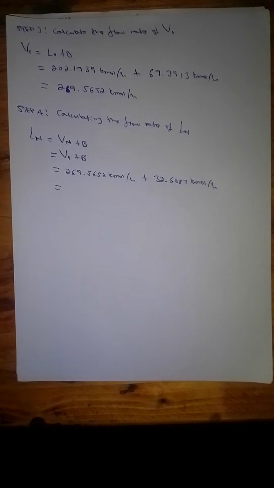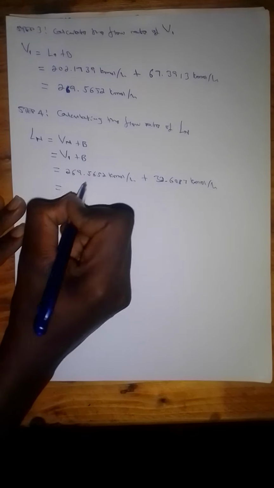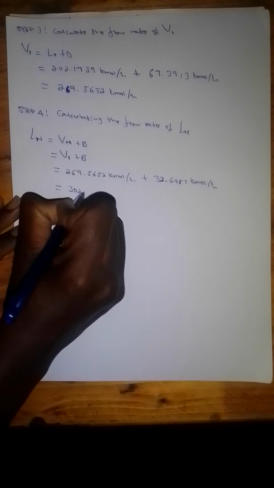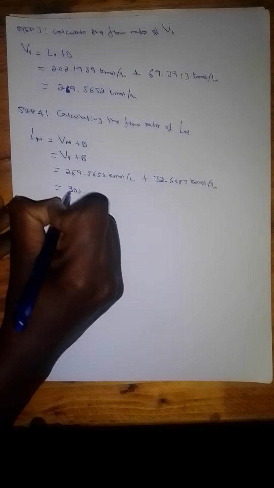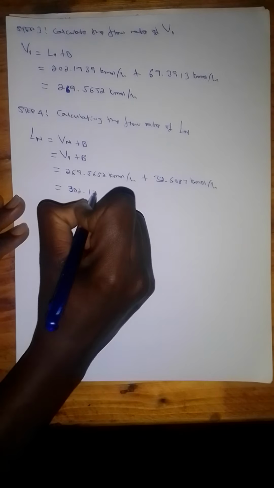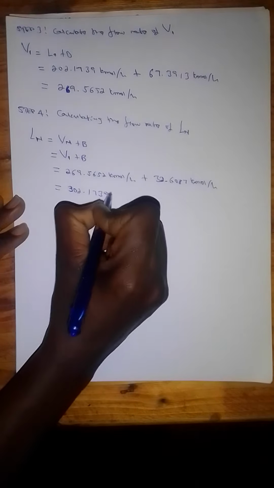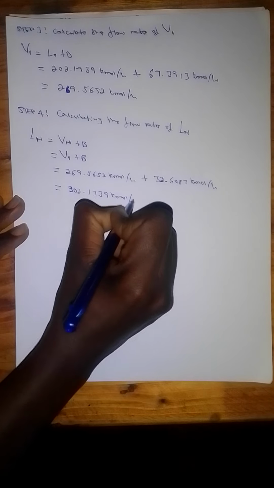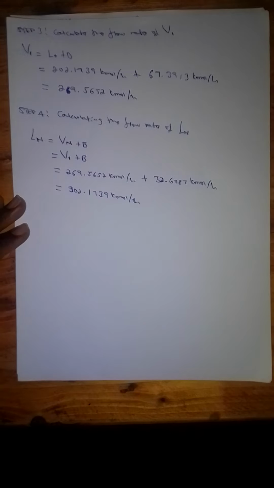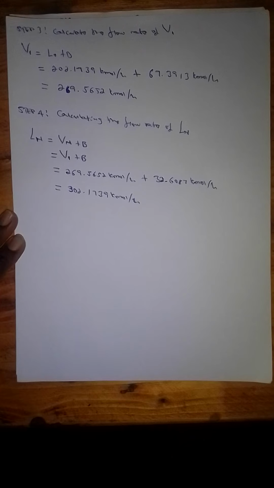Now, if you use a calculator there, it's going to give you LN of 302.1739 kilomole per hour. So this brings us to the end of the question, which is example 5.4.2.